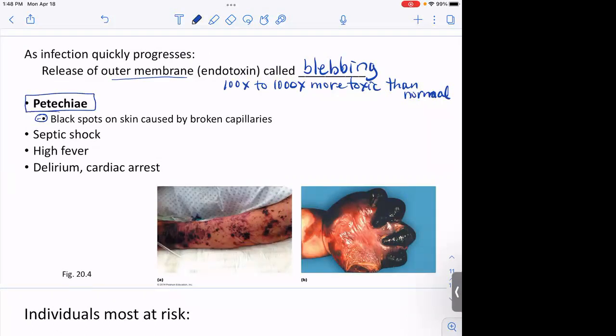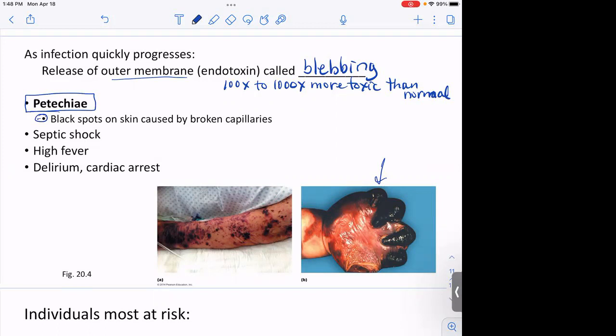So due to that endotoxin release, capillaries break, and eventually the petechiae will fuse together to form black areas, especially on the limbs. Those are areas of necrosis. That looks like a baby who will probably have to have that hand amputated. Once it's black like that, it's dead.